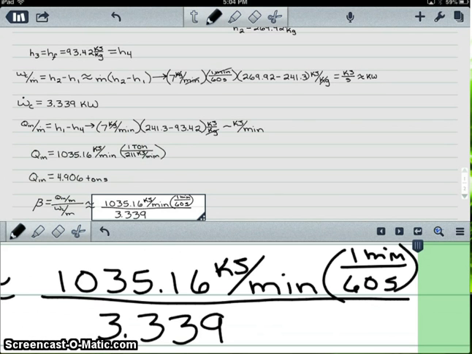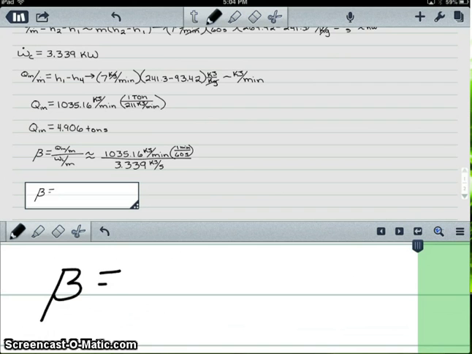This gives us our coefficient of performance, which is 5.167.